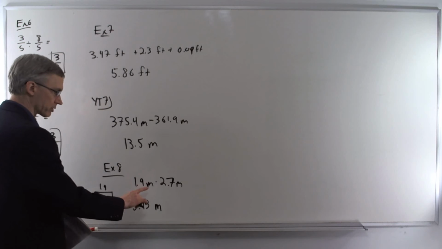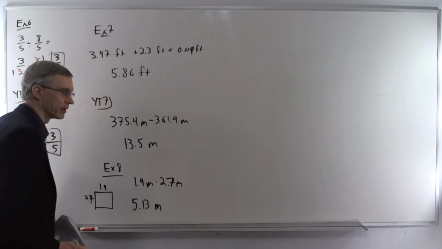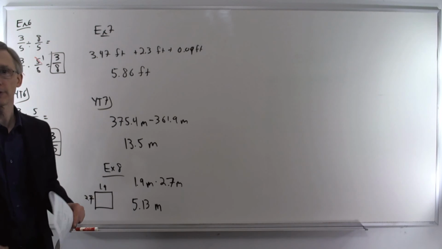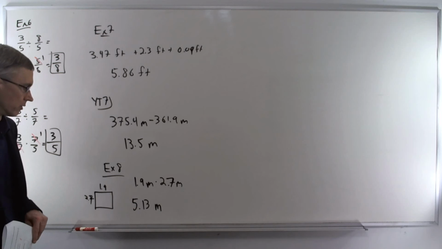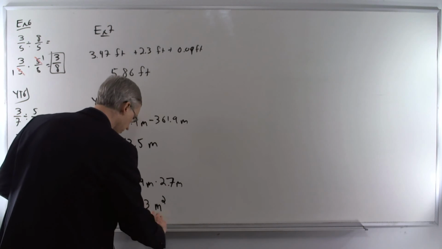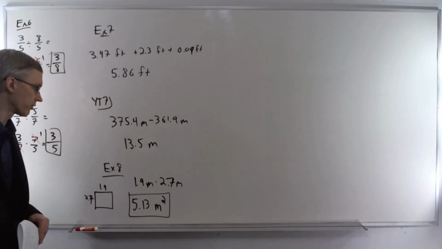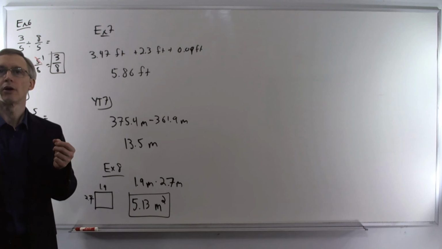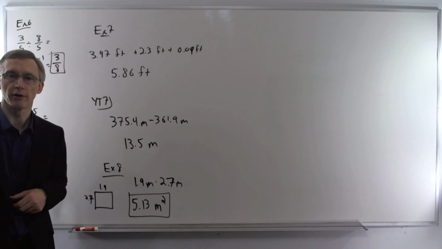So basically what we're doing is we're taking meters and multiplying by meters. Now if we had variables, x times x, we get x squared. Or 3 times 3, we get 3 squared. Well with meters times meters, you guessed it, meters squared. So 5.13 meters squared. If we multiply two quantities with the same units, our result has those units squared.